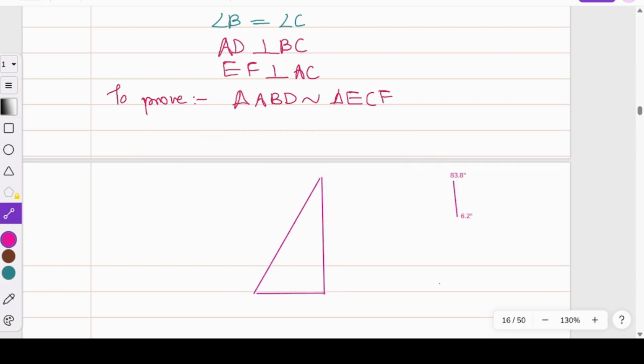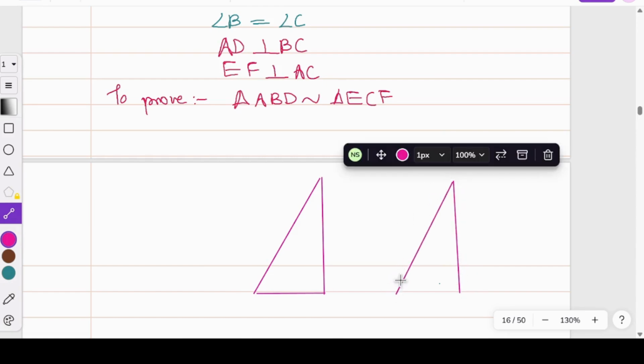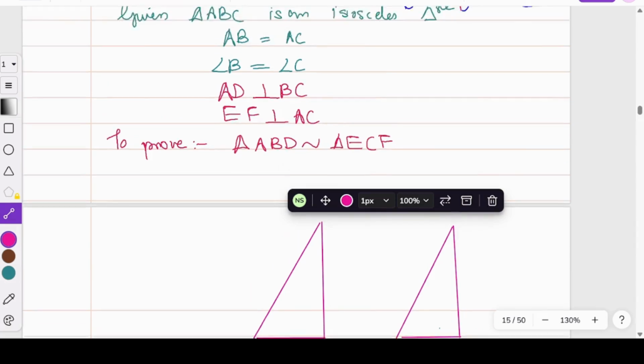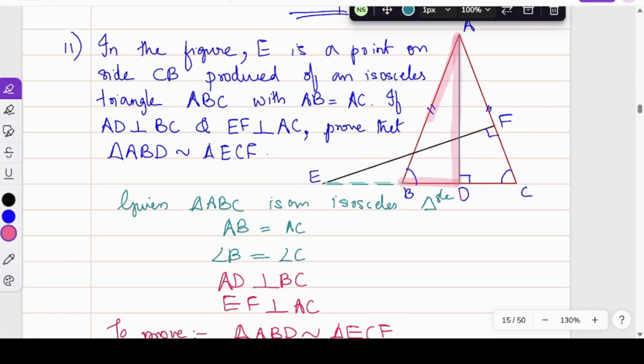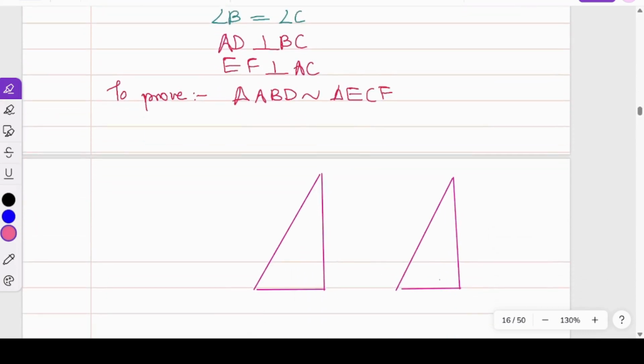ABD and ECF. And if you have any doubt in drawing this figure, you can do one thing here, which is triangle ABD here. ABD, this triangle, right? So this one is the one which we are copying to this side. Look, A, this is B and this is D. This is a perpendicular line.